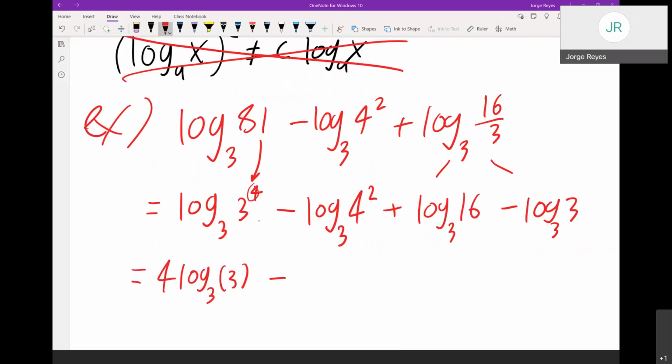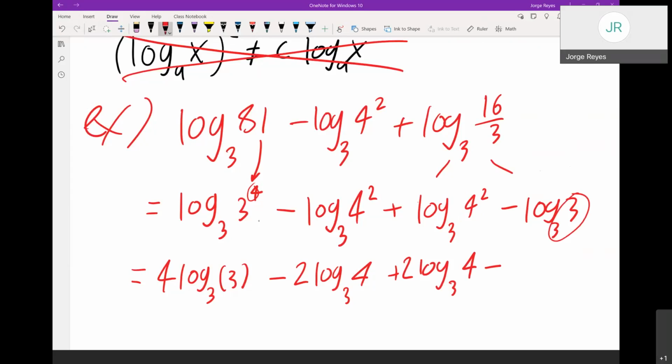Here, I can again do the power rule and get log 3 of 4. Here, instead of 16, I'm going to write 4 squared again, and then the power rule. And then lastly, the log 3 of 3.